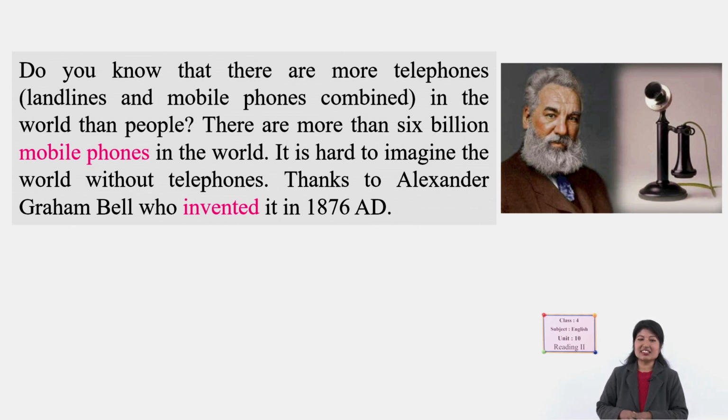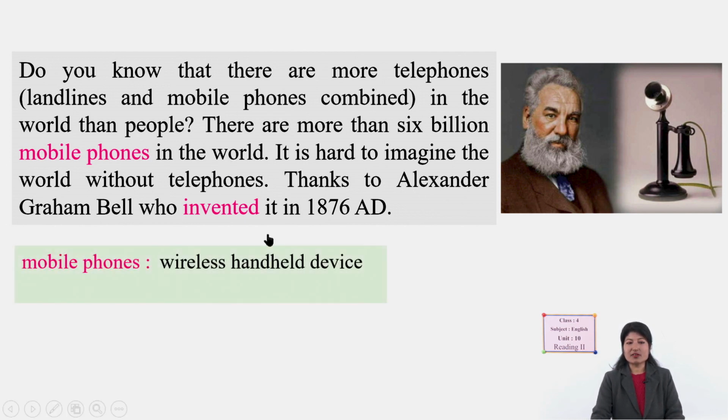Most people have a mobile, not only one; some people carry more than one mobile, and they have a telephone at home, landlines. There are more than 6 billion mobile phones in the world.